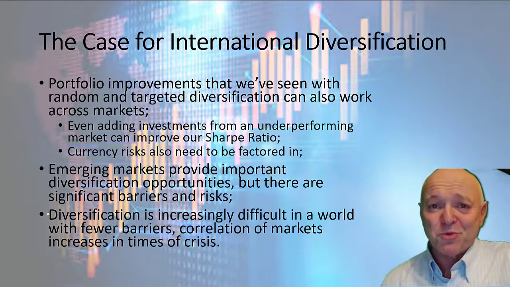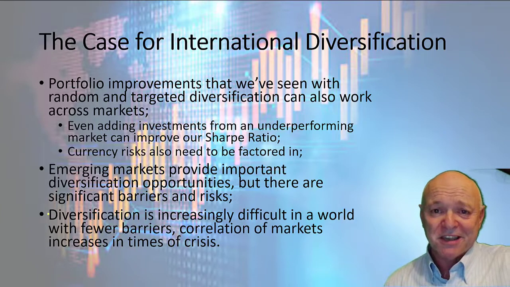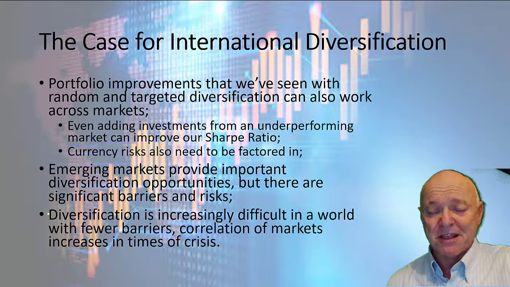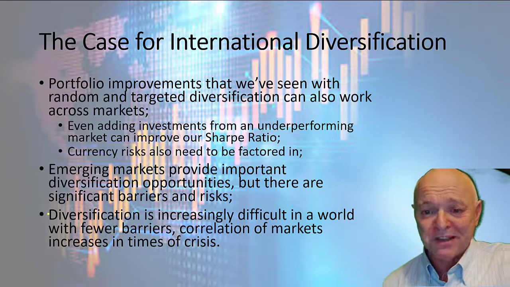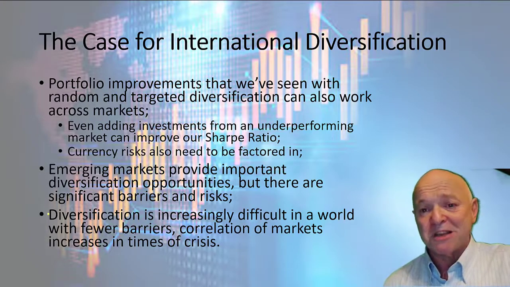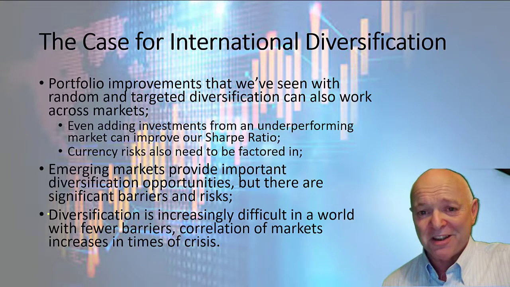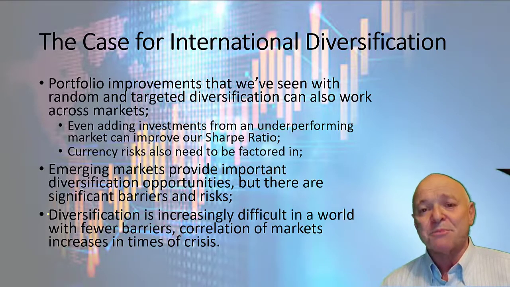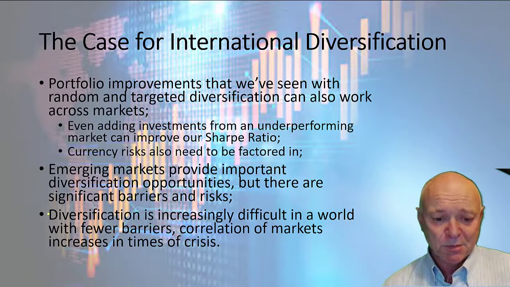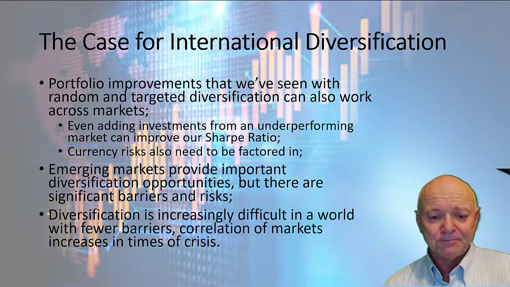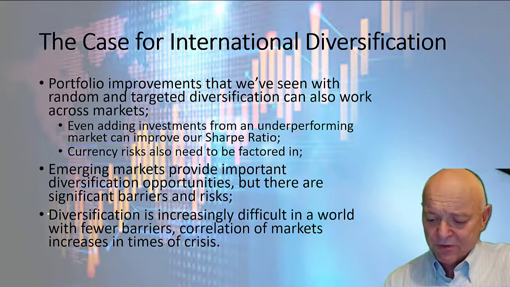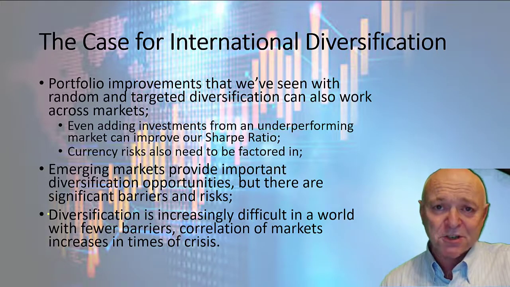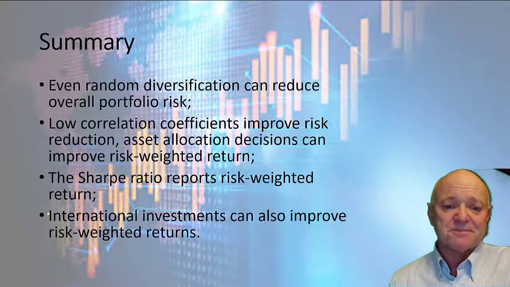When we do start to do more work across borders, we also have to take into account currency differences because that will be another factor. Emerging markets can also benefit international diversification because correlation tends to be further away. We have much less correlation between developed and developing markets. So diversification is important, but it's still a problem, especially at times of crisis.